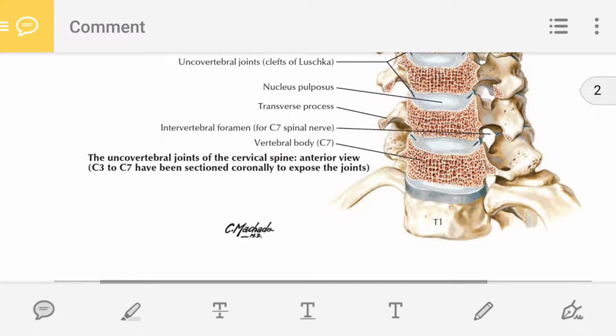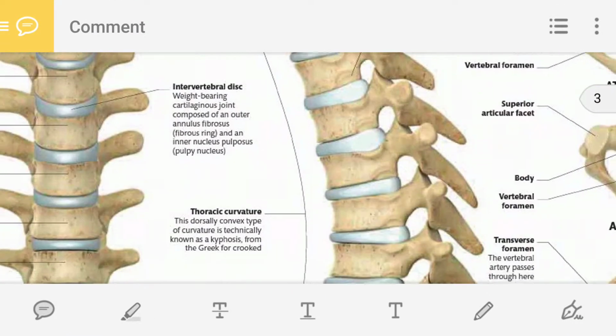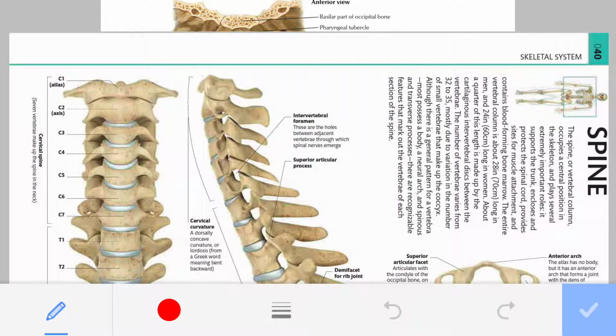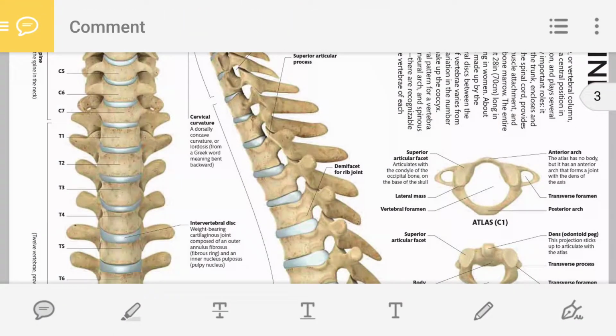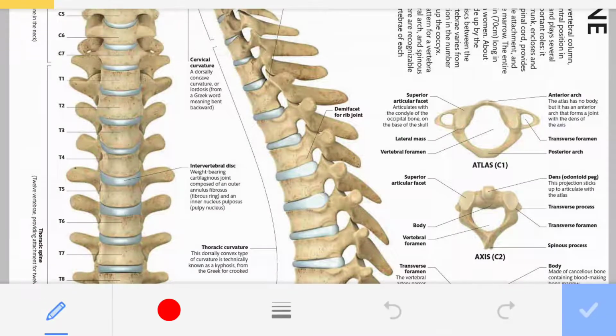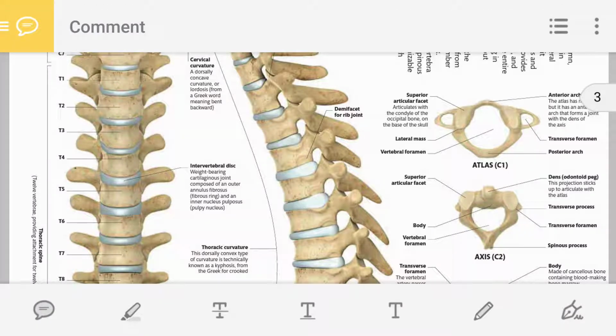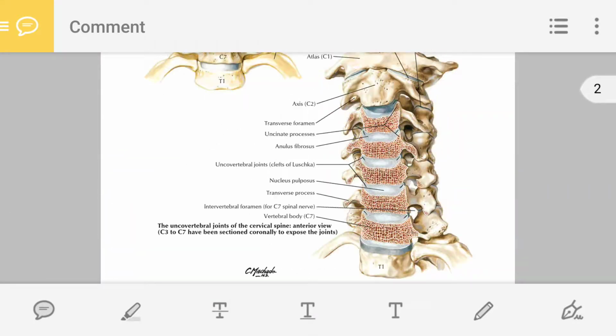Now in the vertebral column I will show you. As you can see over here, these are C1 to C7, and these are the bodies of C1 to C7. Here you can see that the thoracic vertebrae have larger bodies than the cervical vertebrae.